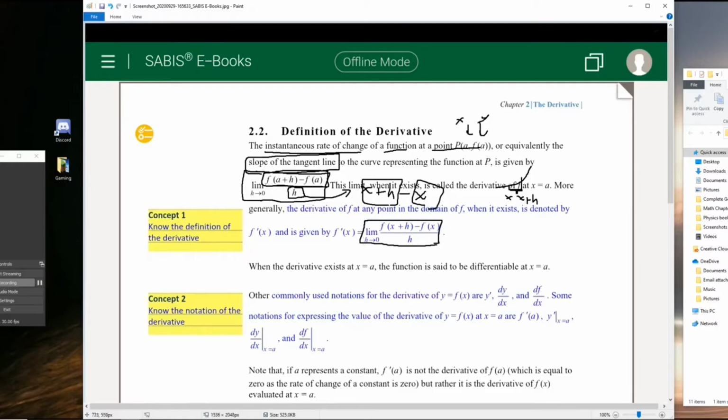Why does h approach 0? Because you need the slope to be as accurate as possible, so you're trying to achieve the smallest interval that would in the end touch it like a tangent rather than a secant, with inaccurate slopes. Instead, you try to approximate it to get as small as possible to end up with a tangent like this.